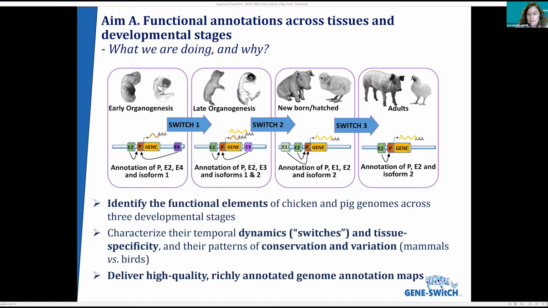The idea is to characterize their dynamics, that we call switches, and tissue specificity, as well as their patterns of conservation and variation. Implicit in the project is an interesting approach of comparative genomics of mammals versus birds. And we want to deliver high quality, richly annotated genome annotation maps for these species that will be available to the whole community.